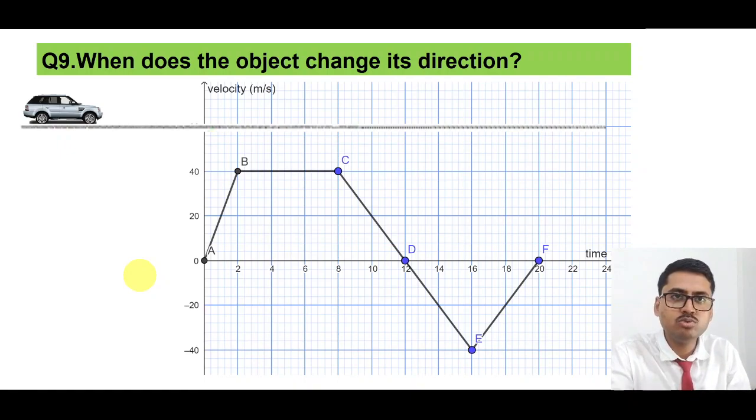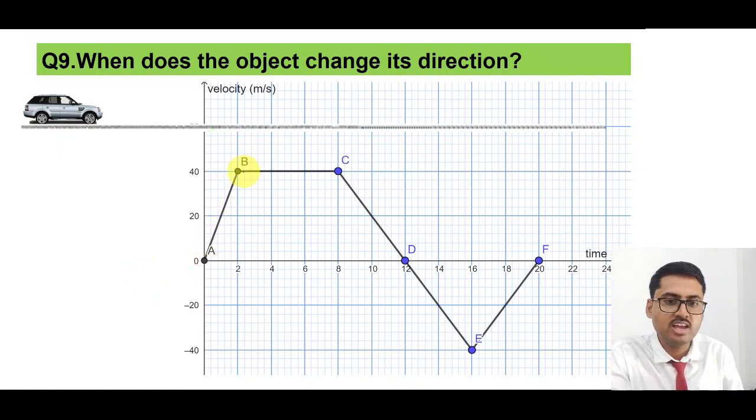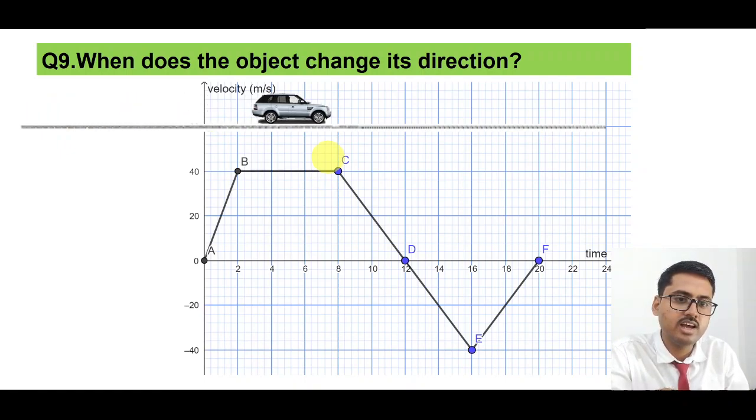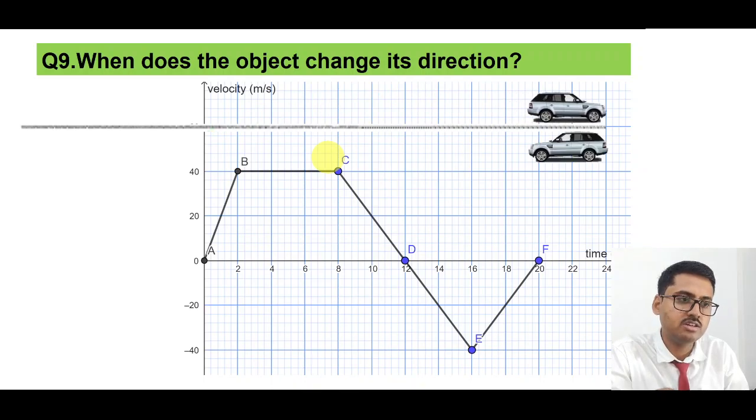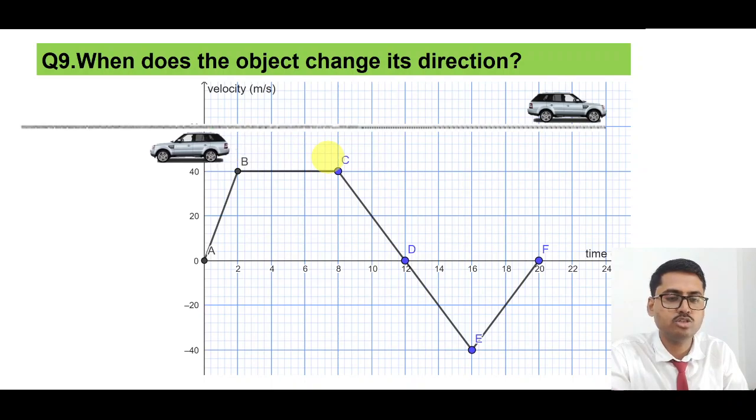So in order for the car to move, the car must accelerate, the driver must put on the accelerator. So the car goes from A to B with some acceleration and then moves from B to C with a constant velocity and then goes from C to D. It goes like this, and then after reaching a certain point it turns and returns in the same direction up to this point.